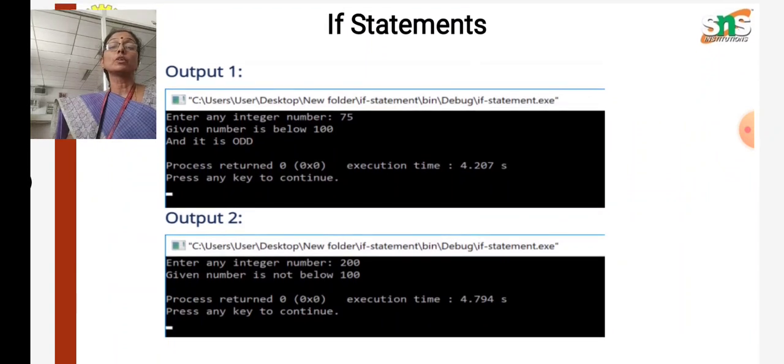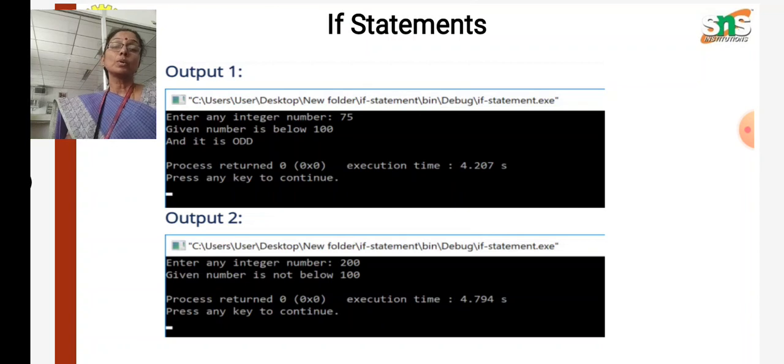So this is the output of the above program. Suppose you enter the number 75. The first if condition is true, so it goes inside the inner if condition and checks whether the number is odd or even. If it is odd, the innermost if false part will be executed.